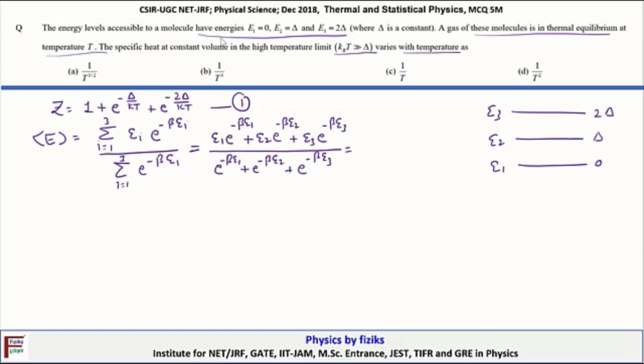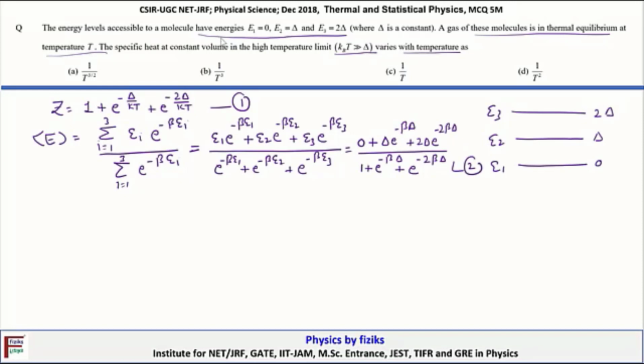After substituting the values of all the quantities, first E1 is 0, so 0 multiplied by anything will give 0, plus E2 is delta, that is delta exponential minus beta delta, plus E3 which is 2 delta exponential minus 2 beta delta, divided by 1 plus exponential minus beta delta plus exponential minus 2 beta delta. So this is the expression for the average energy. Let's call this equation 2.